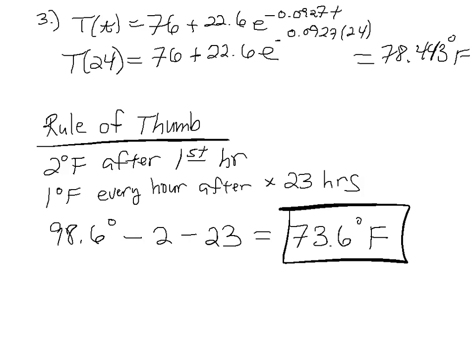So that's for the rule of thumb, and that is for the equation, and you notice that the equation is greater than the rule of thumb, and that makes sense because remember it took almost 8 hours to lose the degree. So the equation will give us slightly warmer temperature than the rule of thumb will. All right, good luck.